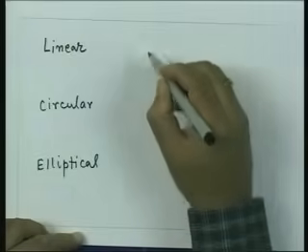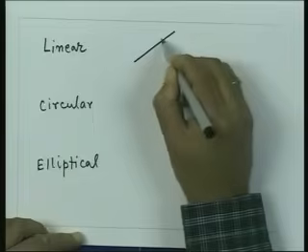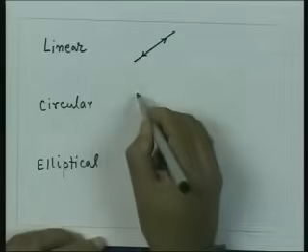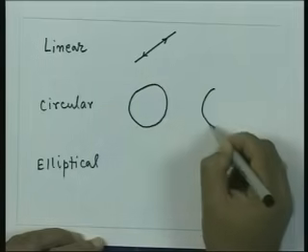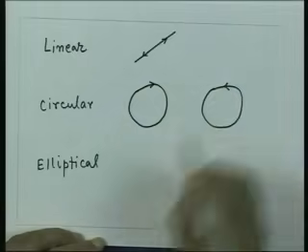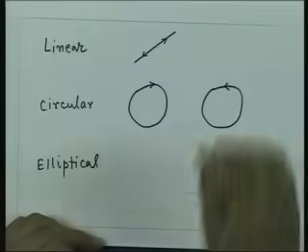In the linear polarization, the electric field drawn is along a straight line, so it oscillates on this line. A circular, we may have like that. Let us assume now the wave is going away from you, which is going inside the paper.